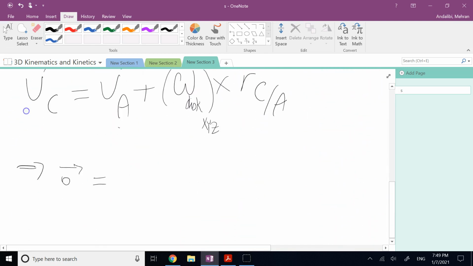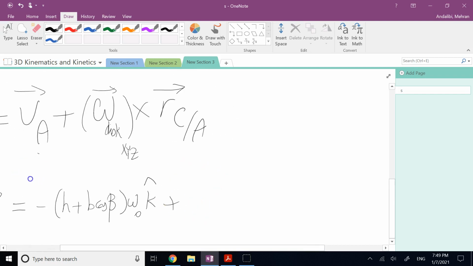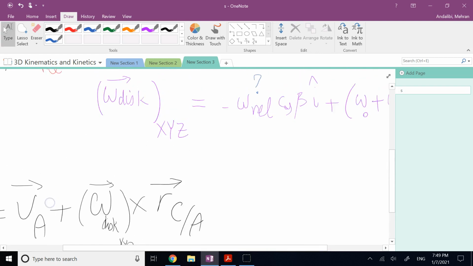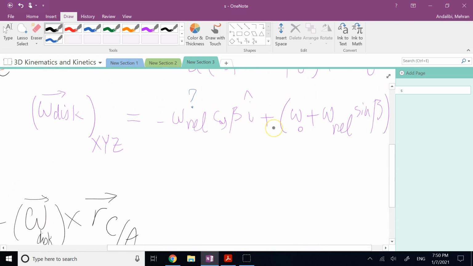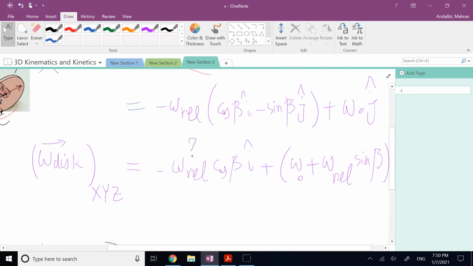So v of a is negative h plus b cosine beta times omega naught in the k direction. And then omega cross r of c with respect to a. So omega is this vector here, right? Whatever it is, we write it down.